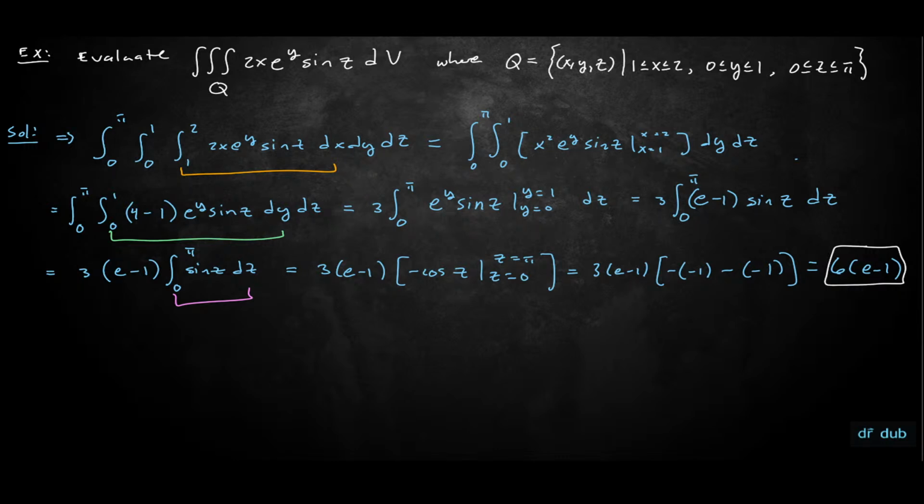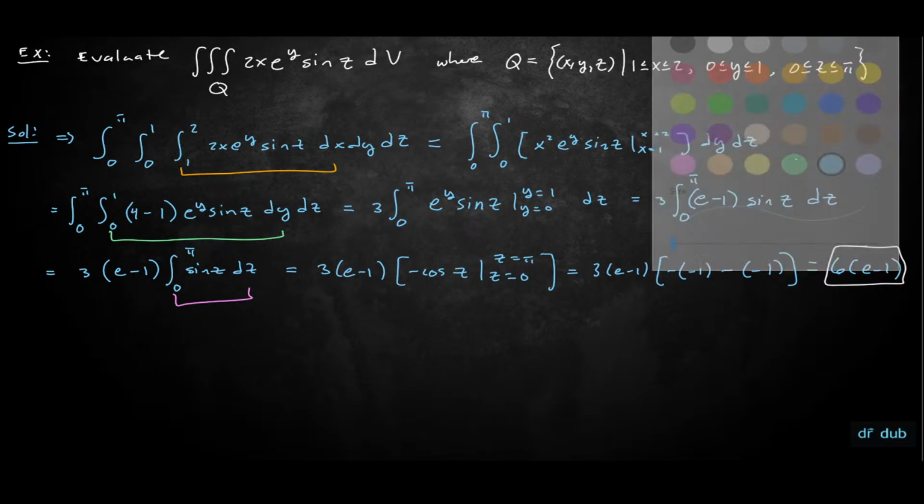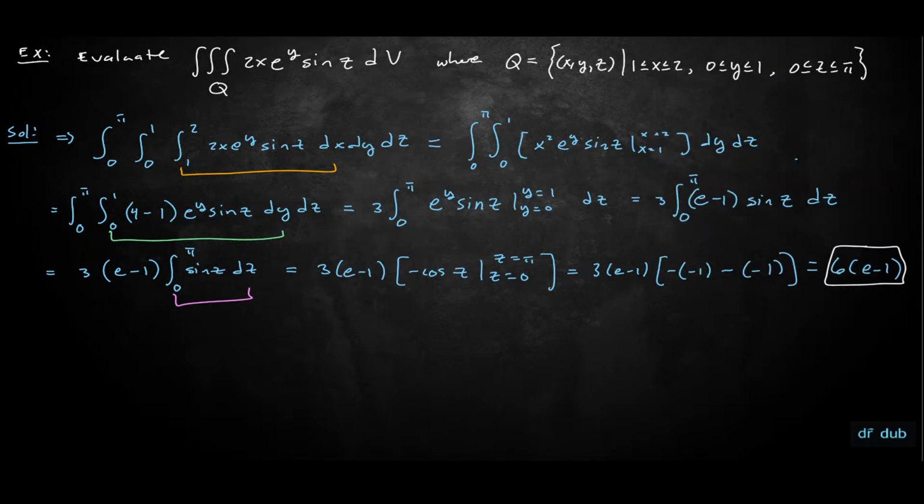If you remember back for double integrals, when we switched the order of integration, if it was a general region, we had to be super careful to change the type. If it was a type 1, we had to change it to type 2 bounds. So we have to be careful when it's a general region for a triple integral. So that's what we're going to talk about now, a triple integral over a general region. So what about general regions?